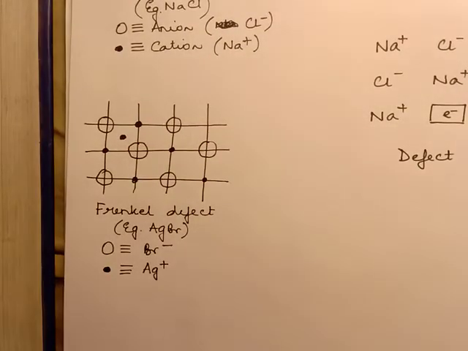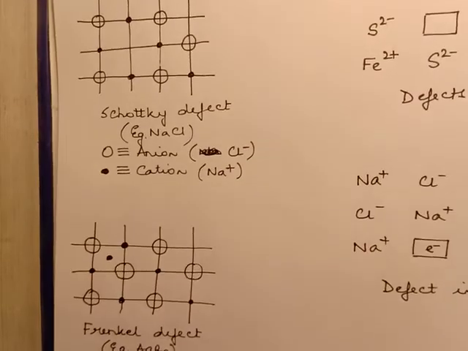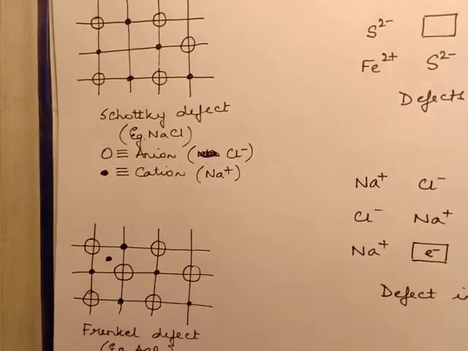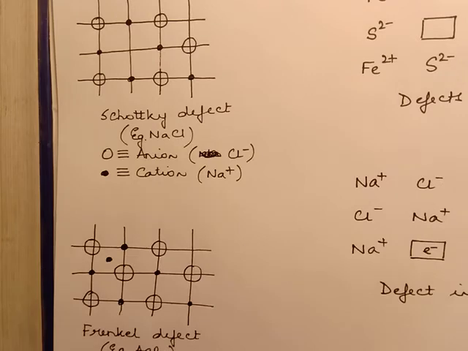Now moving on to the non-stoichiometric defects. First of all, we need to understand what are non-stoichiometric compounds. In case of stoichiometric compounds, there is a specific ratio in which the anion and the cation are combined. For example, in case of, let's say, AgBr, one atom of Ag+ combines with one atom of Br-.